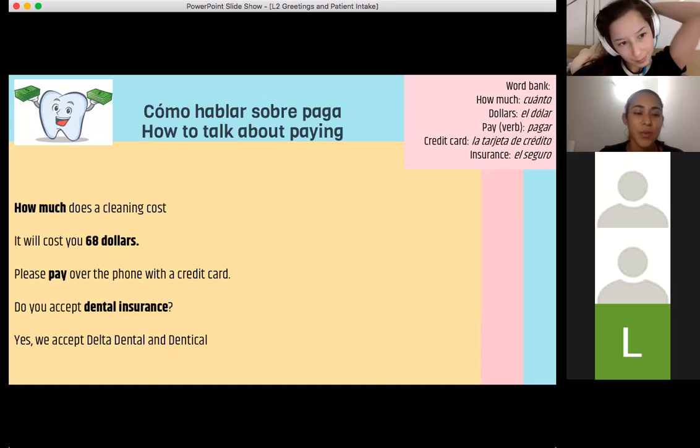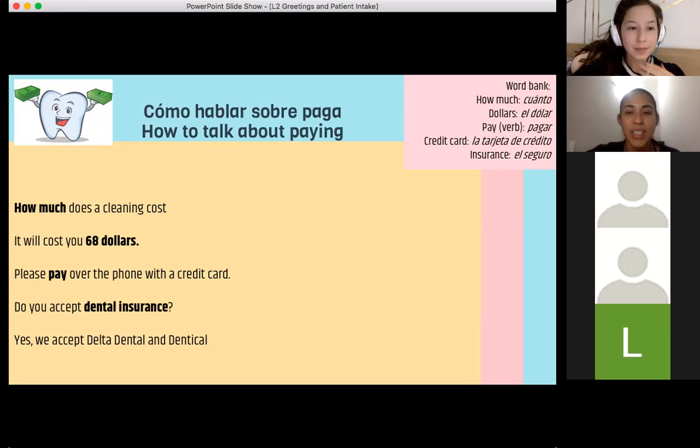Now we're going to have another exercise. If we can have someone volunteer, it's okay if you don't know how to translate the entire sentence, but maybe just the bolded words. So, how much does a cleaning cost? Anyone knows the translation? ¿Cuánto es el precio de la limpieza?